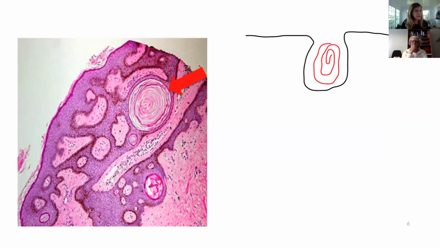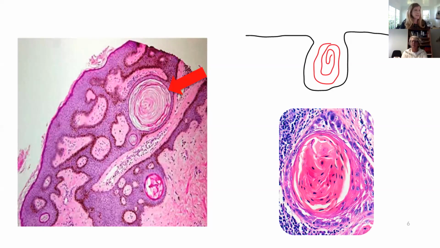Now, sometimes my residents and fellows have asked me, what's the difference between this and a keratin pearl? Or they might start thinking that this looks like a keratin pearl. And so I thought I would just teach you how these contrast. So here's a squamous cell carcinoma. And you can see this island of cancer cells in the dermis, and then you can see how they're forming this keratin pearl.